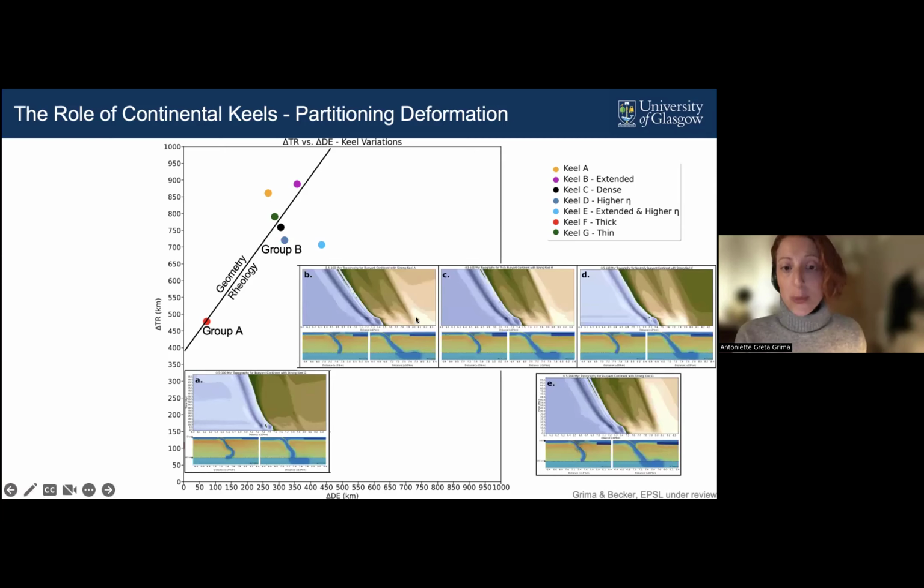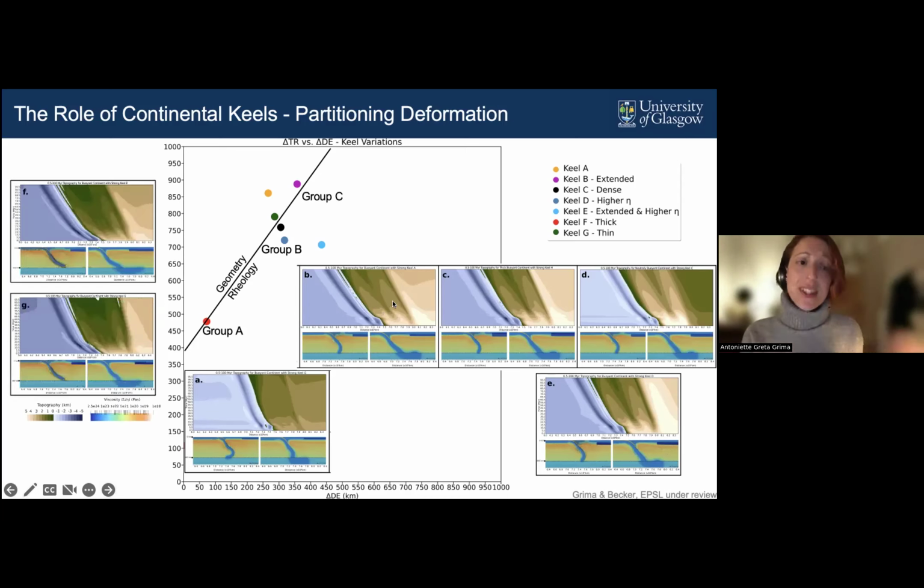The second group of models is models where we have a considerable amount of trench retreat and this well-defined region of subsidence bounded by 2 higher zones of elevation, so very much a horst and graben kind of morphology. And the final group is models where we have an extensive amount of trench retreat and a very wide and extended deformation region on the overriding plate with multiple basins and a considerable subsidence.